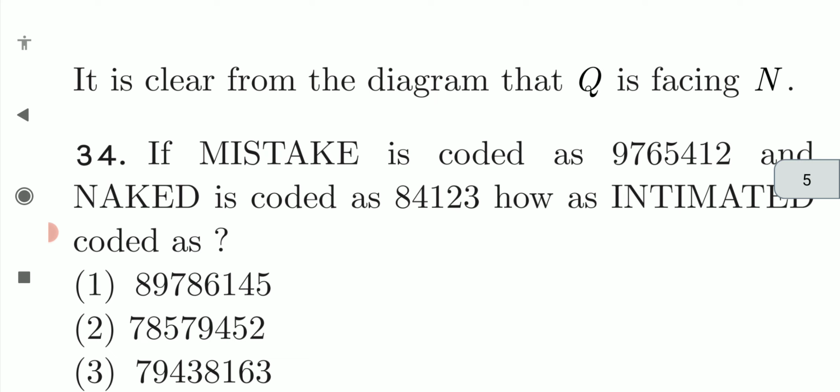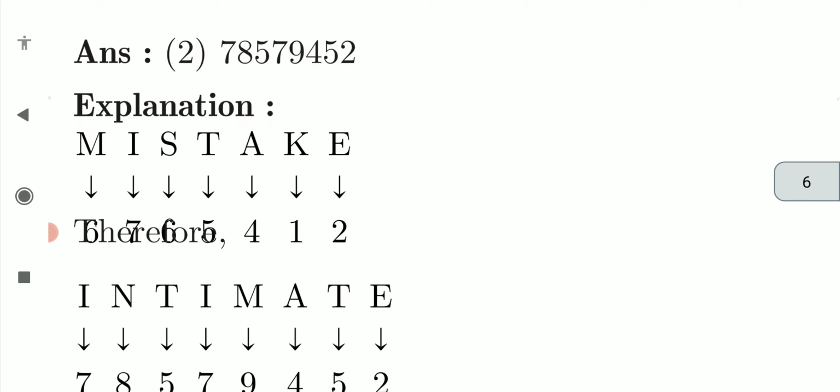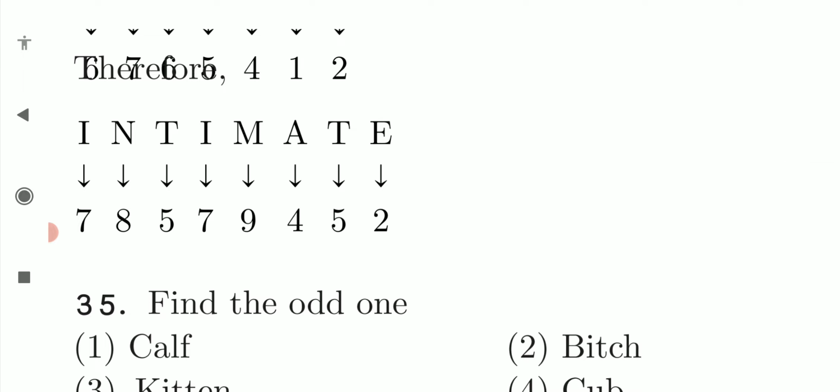You have to write it out for mistake. See, in mistake you have the letter A, and it is coded as 4. In naked also we have one A, and it is also 4. So we can say it's a direct number for a direct letter. Likewise we have to arrange it for intimated also. They have arranged it for intimated also.